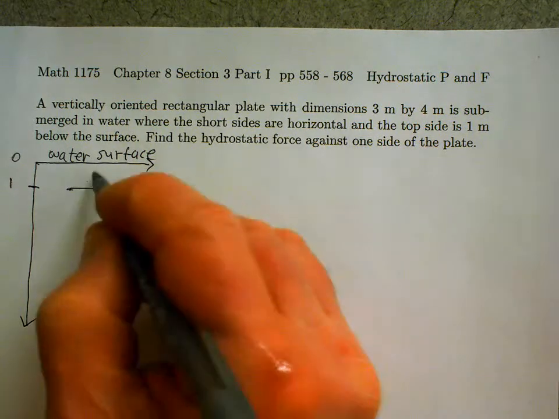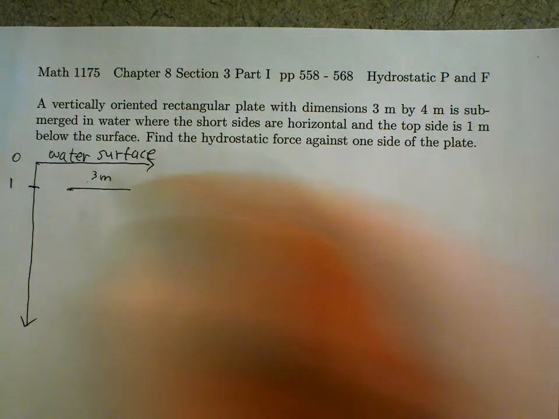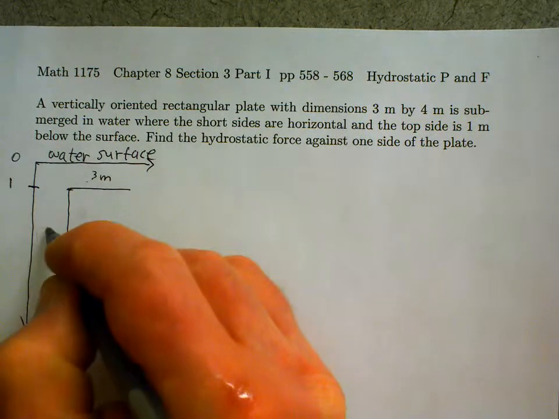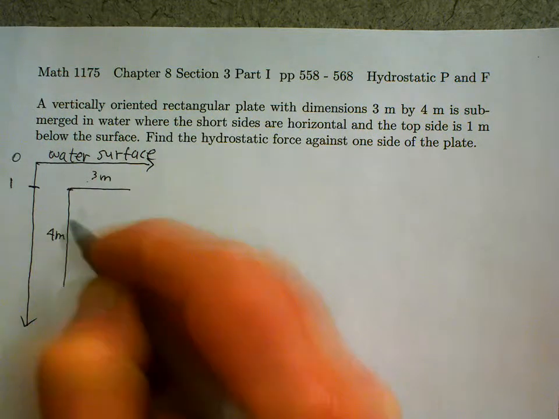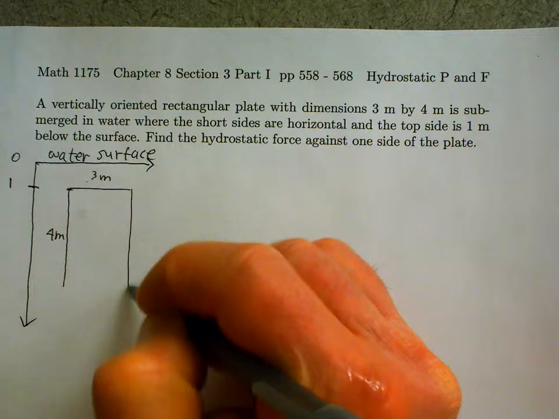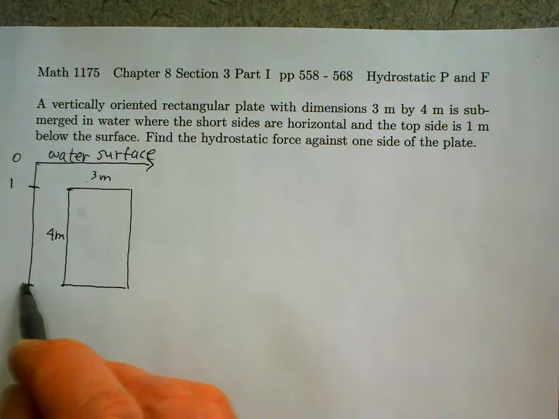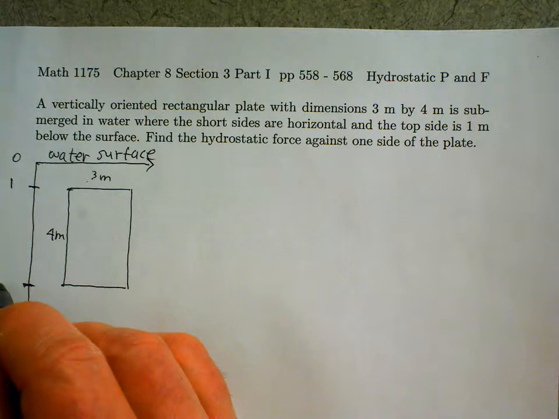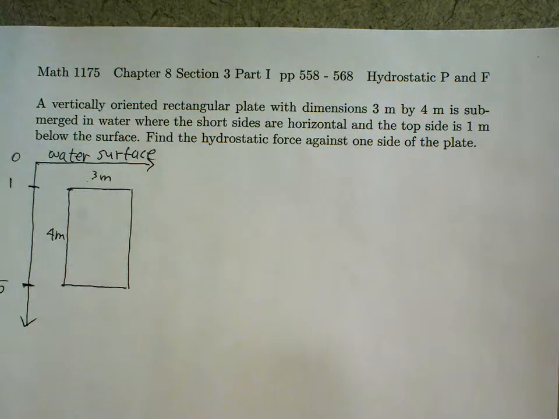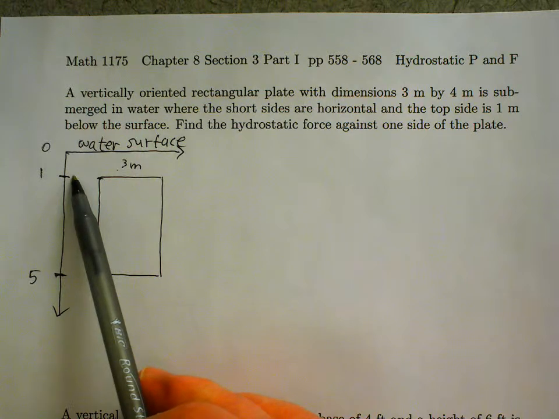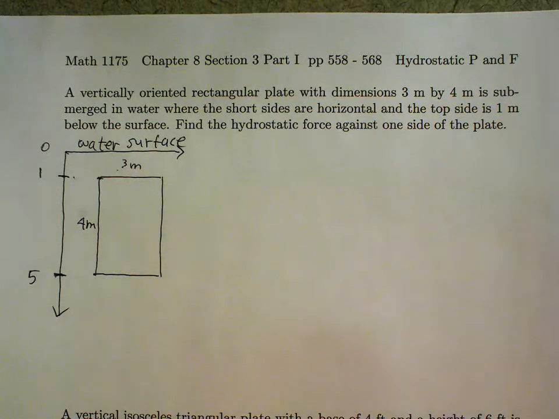So this side is 3 meters, and the long sides are 4 meters. And so the depth of the plate ranges from 1 meter below the surface to 5 meters below the surface.